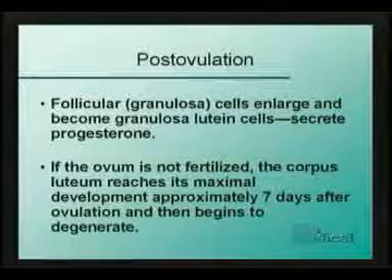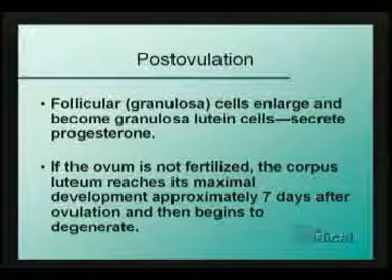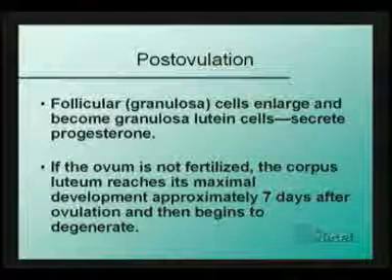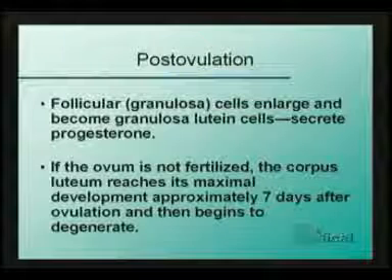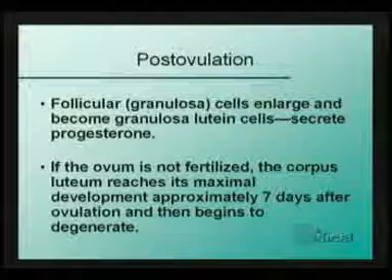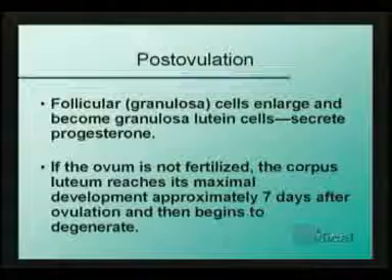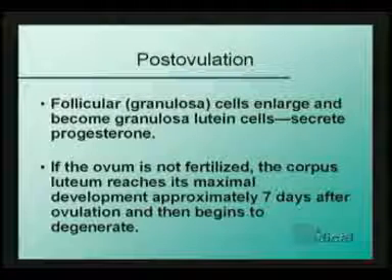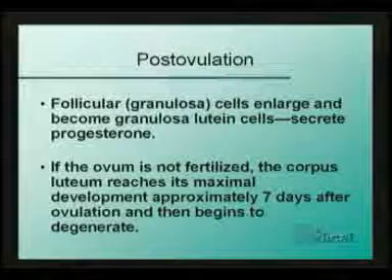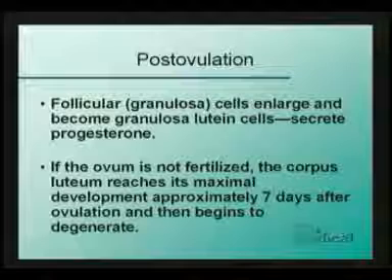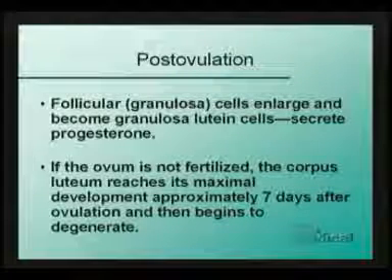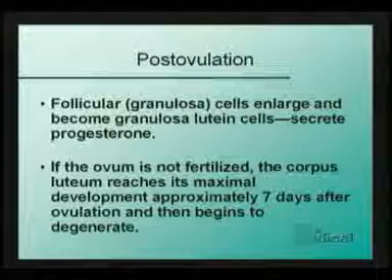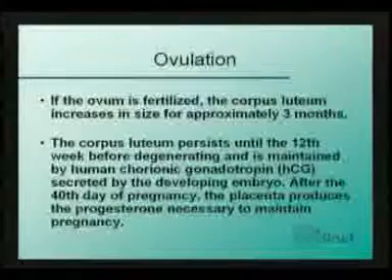So the follicular granulosa cells basically in that corpus luteum are the ones that actually begin to produce progesterone. If the ovum is not fertilized, basically the granulosa cells in the corpus luteum will stop producing progesterone if they're not maintained by human chorionic gonadotropin, and it'll cause basically that corpus luteum to begin to degenerate about 7 days post-ovulation.